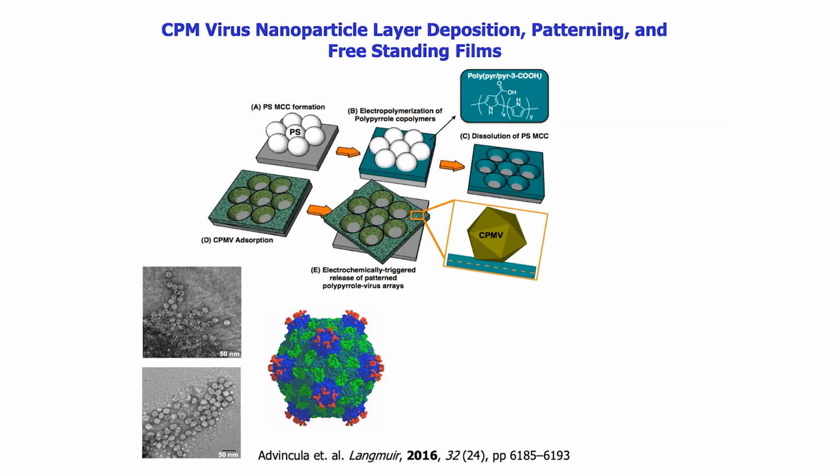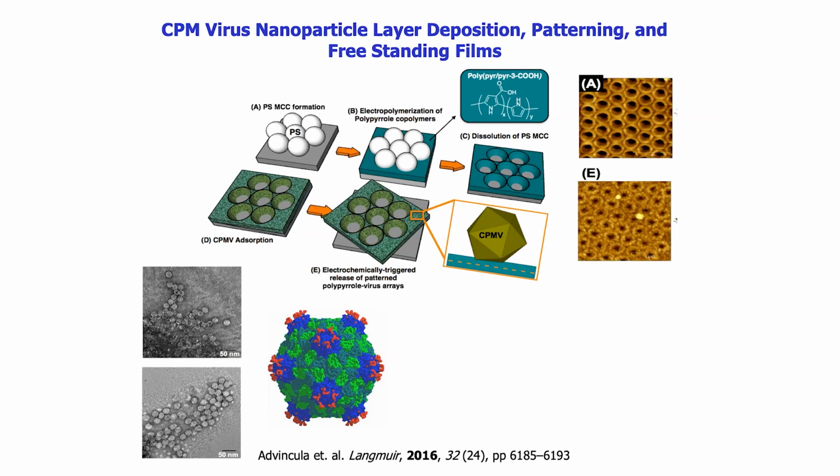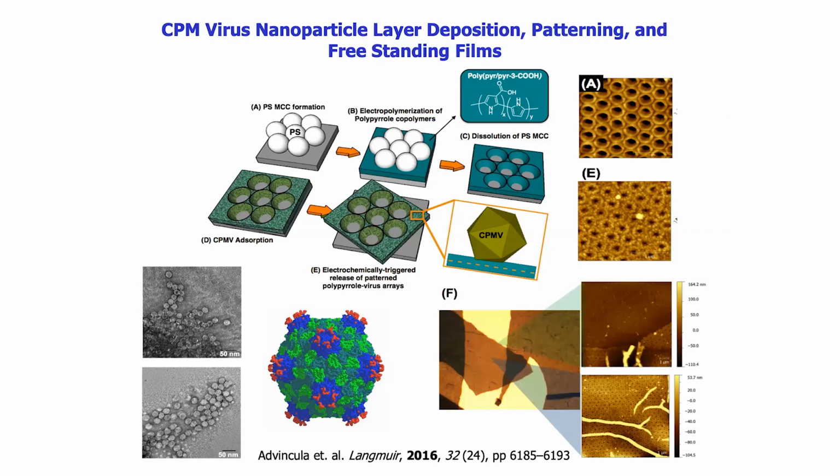The result is we can get whole arrays and have the CPMV virus closer to the periphery. In fact, these arrays can be created as freestanding films, which can be lifted or removed so that you can get virus assemblies that are highly ordered and loaded for, let's say, therapeutic applications.